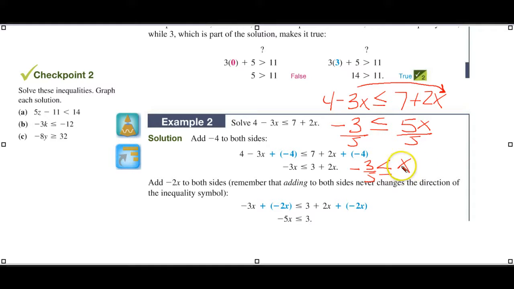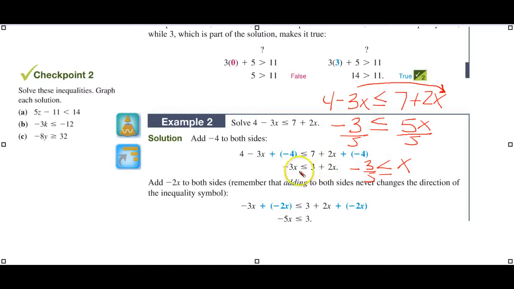Now notice I didn't have to change the direction of my inequality sign because my x's were positive, and I divided by a positive 5. In the textbook, they're doing it a little different way. They're moving the 2 x's over to this side, and then the 3 is over there.